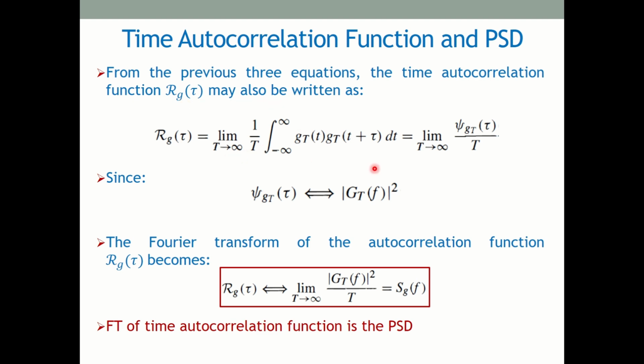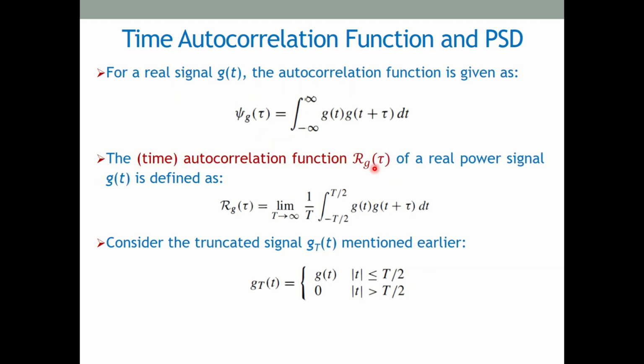So which three equations are we talking about? So this is the time autocorrelation function. We substitute the values of this gt here, because the time autocorrelation function only requires this interval. Within this interval, gt and this truncated version of gt are equal.